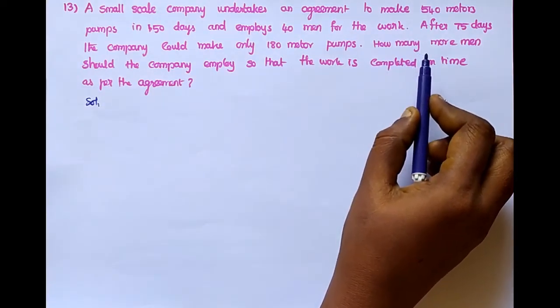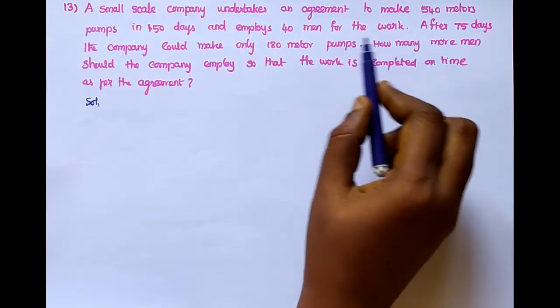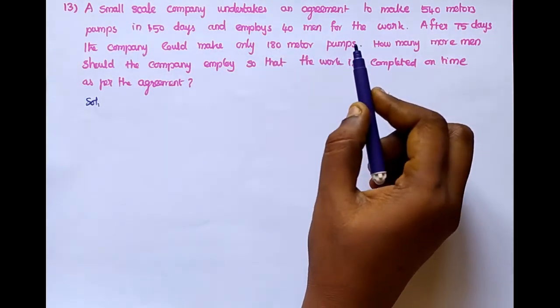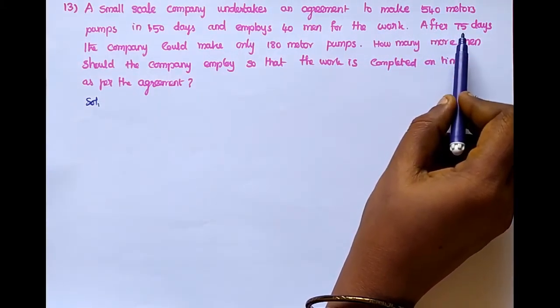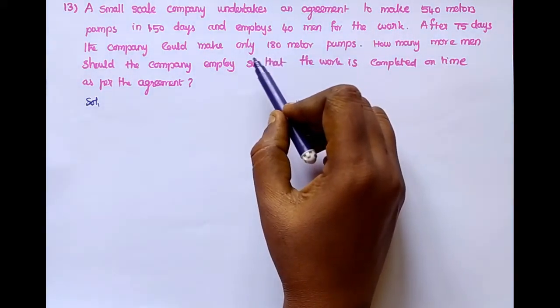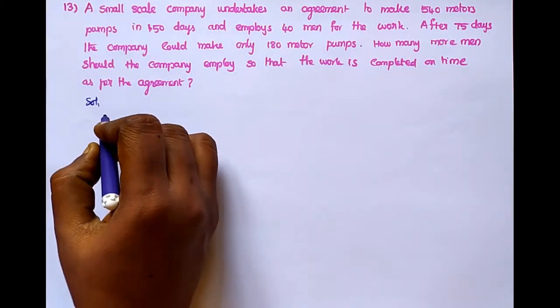How many more men? So 40 men in 75 days, only 180 motor pumps finished. So as per agreement, 75 days only balance. So how many more men required? That is the question.